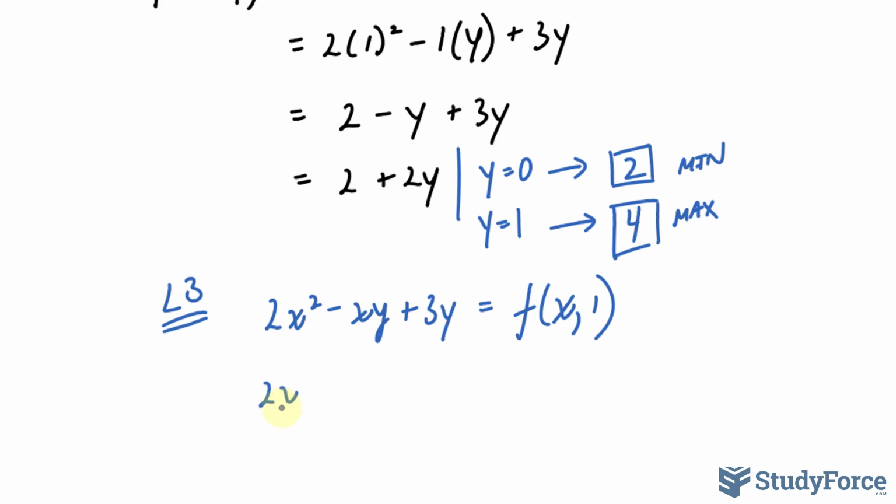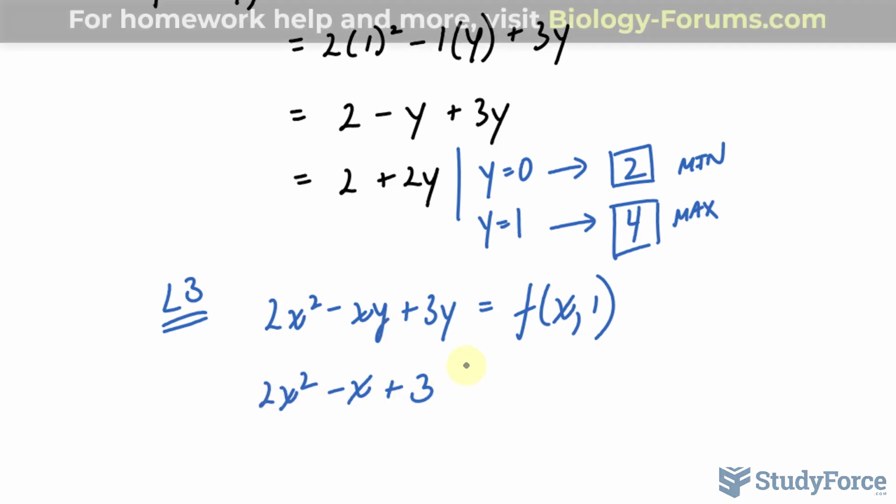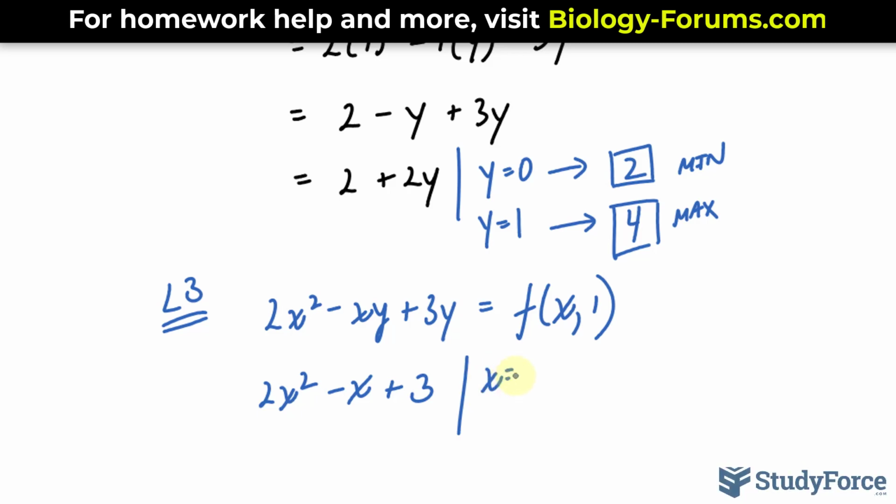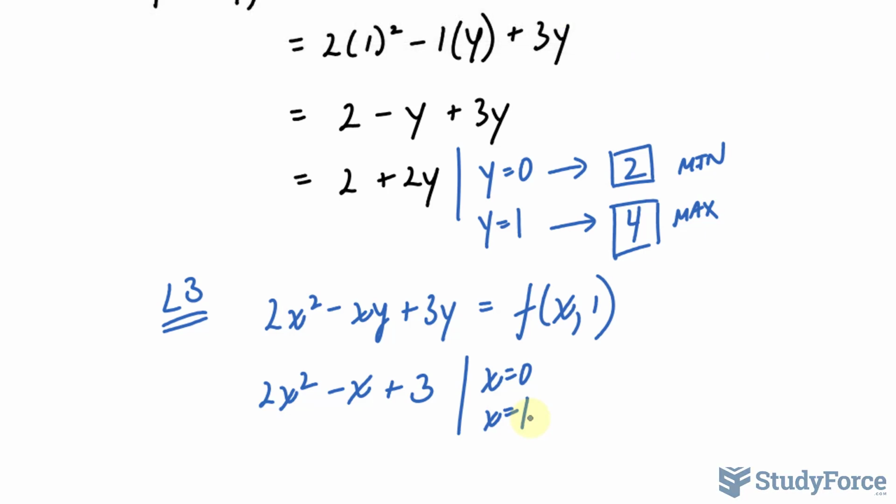Substituting, we have 2x squared minus x times 1, which is x, plus 3. Because substituting 1 into y is 3 times 1. At this point, we're supposed to evaluate this function when x is equal to 0 and x is equal to 1. But since this specific function is a quadratic, the function itself has critical points. And we can find the critical points by using the closed interval method.